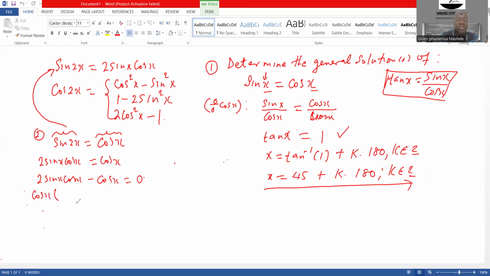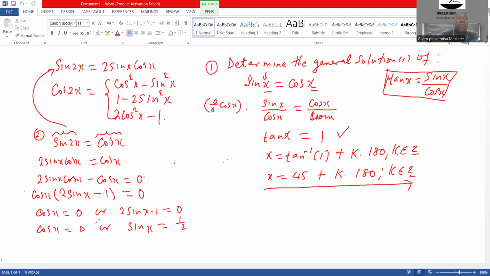So we take cos x as the common factor, and we remain with 2 sine x minus 1 equals 0. Then cos x equals 0, or 2 sine x minus 1 is 0. This will give sine x equals 1 over 2.